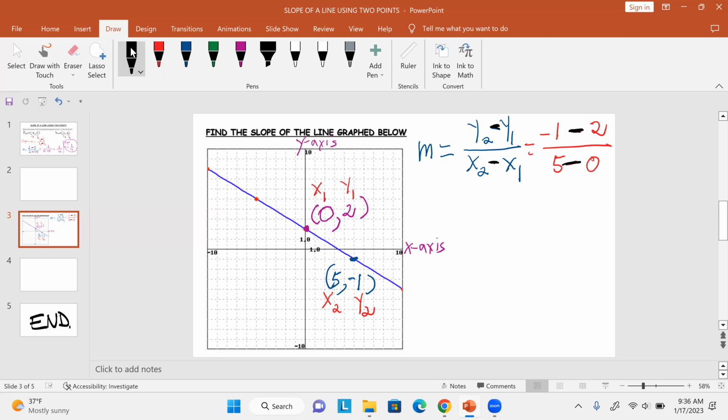So we have -1 minus 2, and this will be -3. 5 minus 0 is 5. Therefore, the slope, which is m, is -3 over 5.